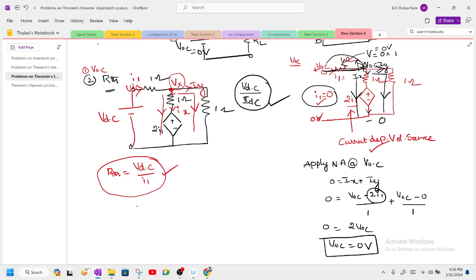Only I1 is entering. So we are going to apply nodal analysis with respect to the Vx node. With respect to the Vx node, the entering current is I1. The leaving currents are Ix and Iy.